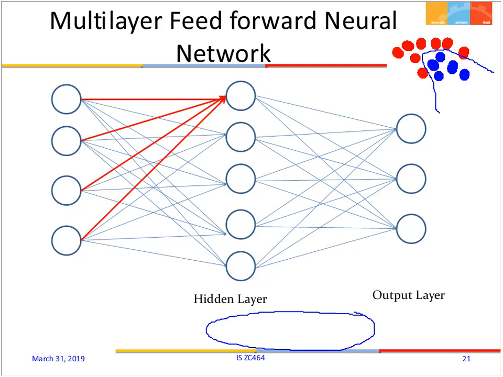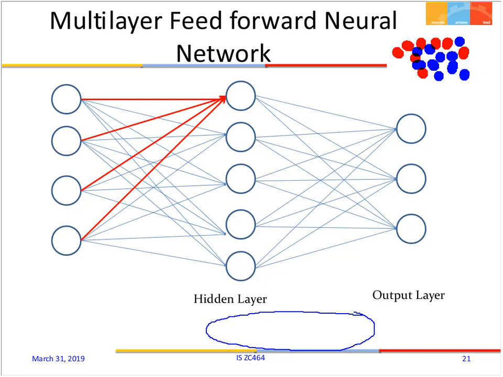Now, suppose I'm having more complexity of this form. I'll show you. If I'm having a more complex boundary, and the boundary is being drawn like this, maybe we'll see it a little later.